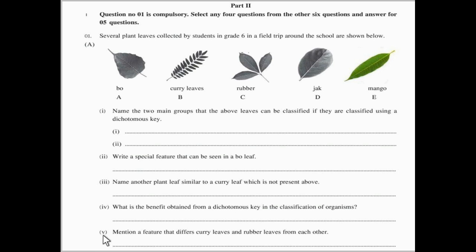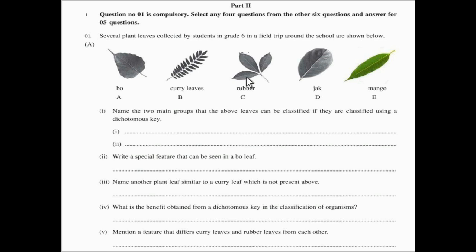In fifth one, mention a feature that differs curry leaves and rubber leaves from each other. Rubber leaves have single leaves. They are not leaflets. But in curry leaves, this is the leaf. I am circling. This area is the leaf, and there are small parts of that leaf called leaflets.